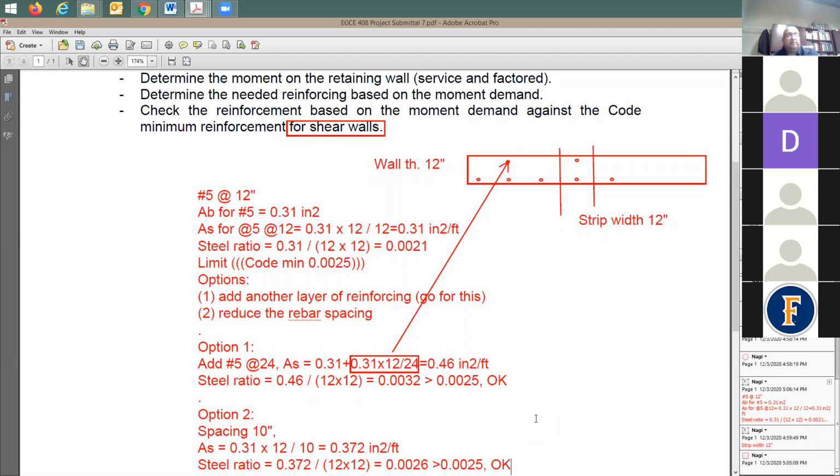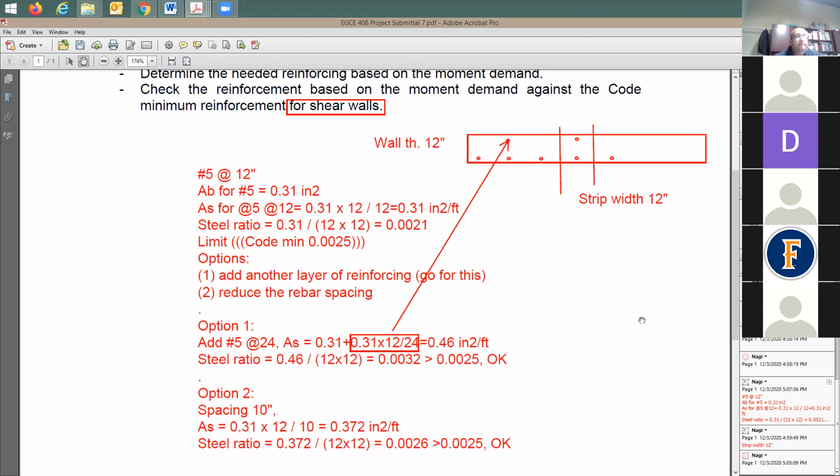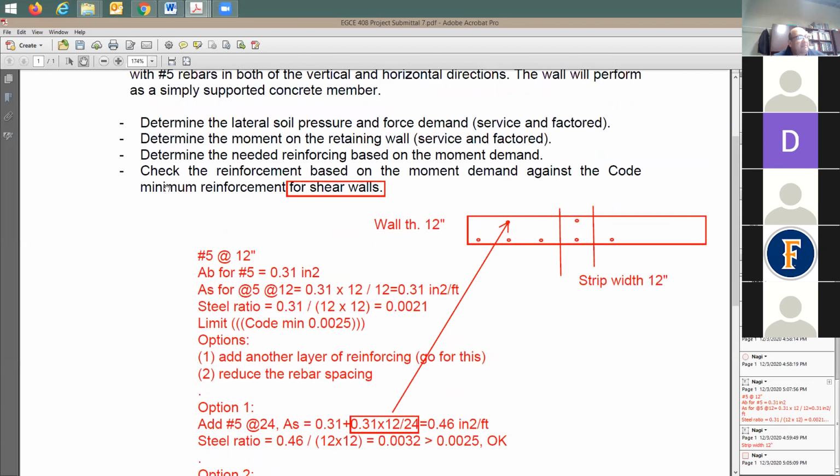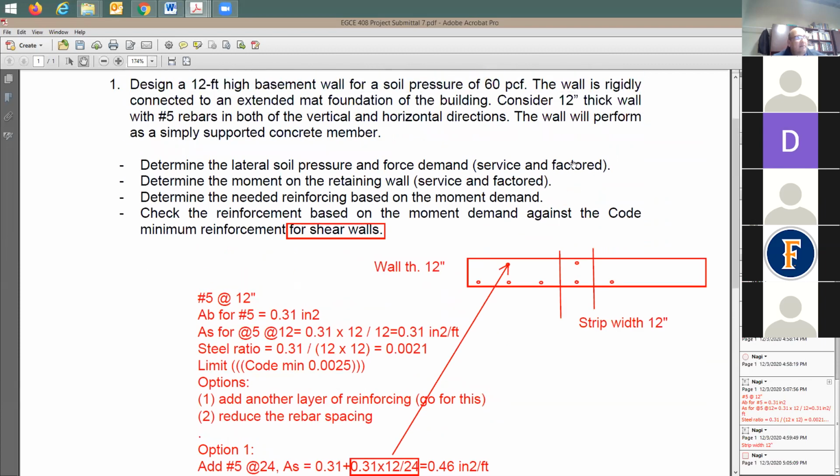Okay, so it's going to be up to you. You do it the way you want. Just do one option. Don't show me two options in your solution, right? Just pick one and go with it. I'm not sure if number 5 at 12 is going to be able to resist this moment or not. Also, I'm going to change this. I'm going to give you a chance to use number 5 or number 6, just in case.